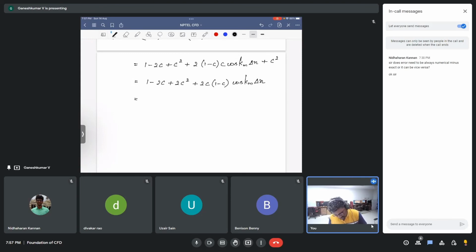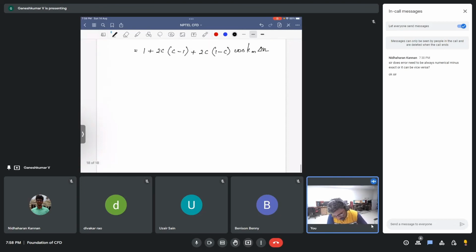You can simplify it as 1 plus 2c into c minus 1, because 2c square minus 2c plus 2c into 1 minus c cos km delta x. Actually you can work this out on your own also. So this would be 1 plus 2c into c minus 1 into 1 plus cos km delta x.